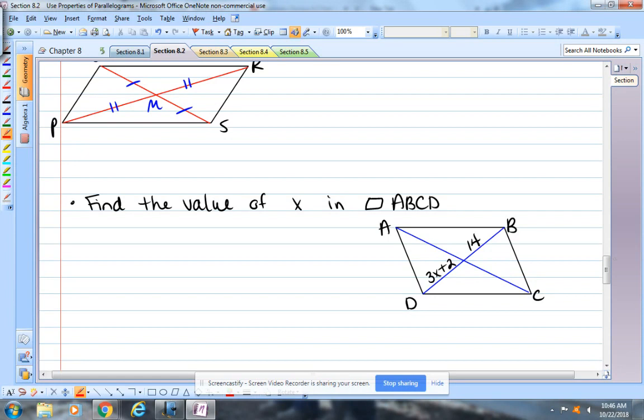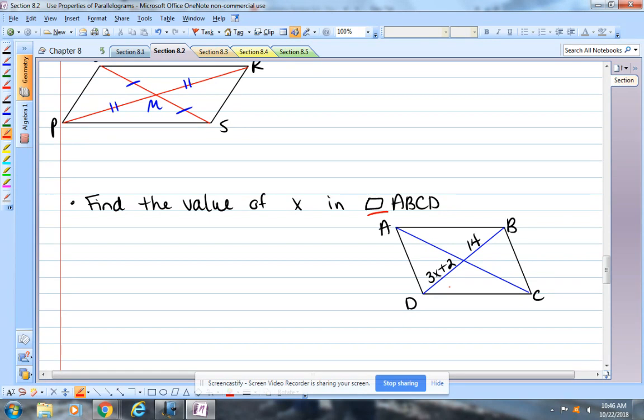So you don't even have to draw the picture, but just help me out here. Find the value of x in quadrilateral ABCD. I think that is actually the symbol for parallelogram. Mine just never looked like parallelograms. So that symbol tells me it's a parallelogram. So it has two diagonals. What do diagonals do inside of a parallelogram? Bisect each other.